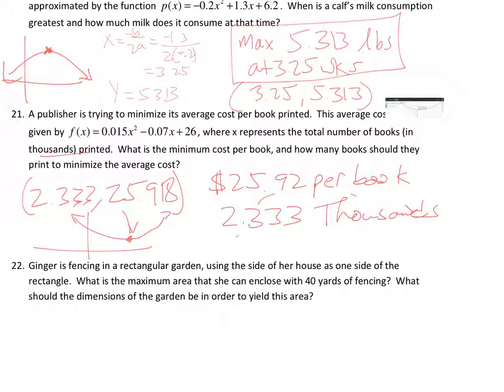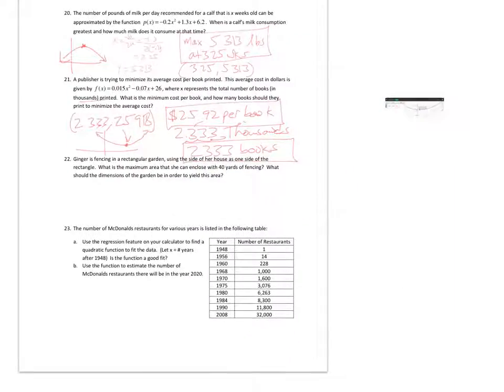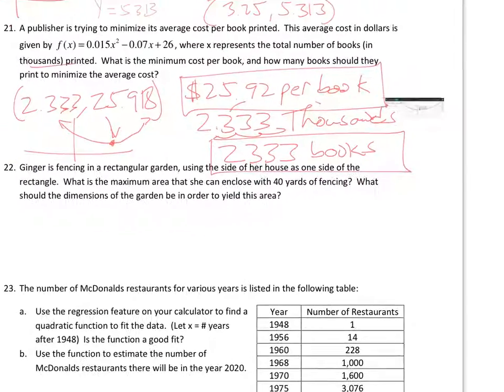So multiply this by 1,000, which moves the decimal over. It's 2,333 books. Okay? So that's going to be the cheapest price for this function. All right? So that's a graphing method there. You could also do the negative b over 2a there also.